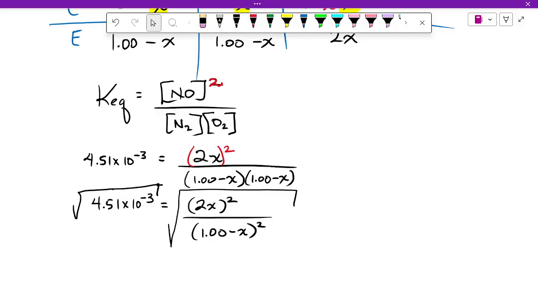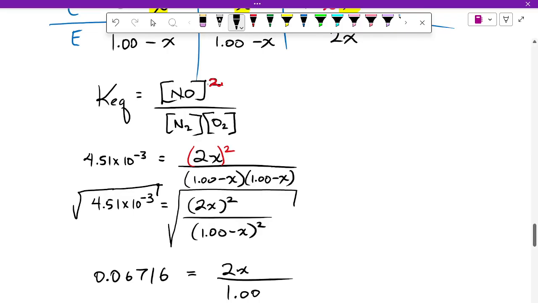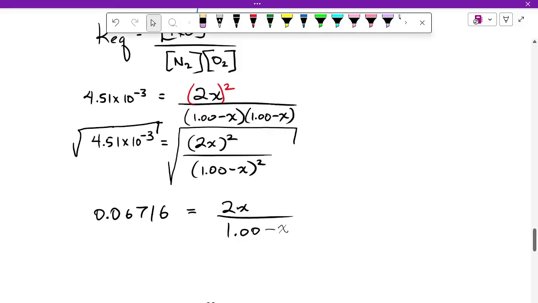Square rooted is 0.06716. And that is equal to 2x over 1.00 minus x. Is that correct?